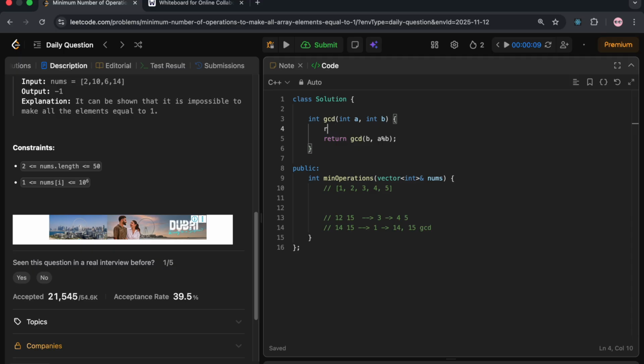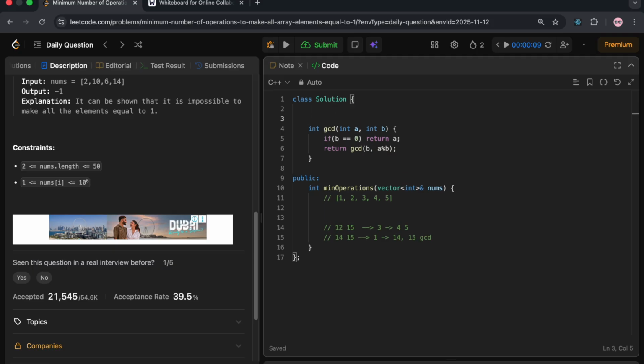And if b is 0, we will just return a. So this is the basic GCD function, right?